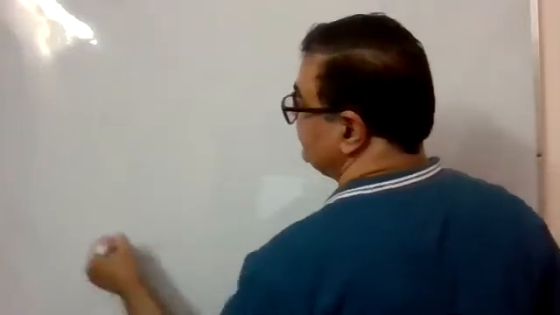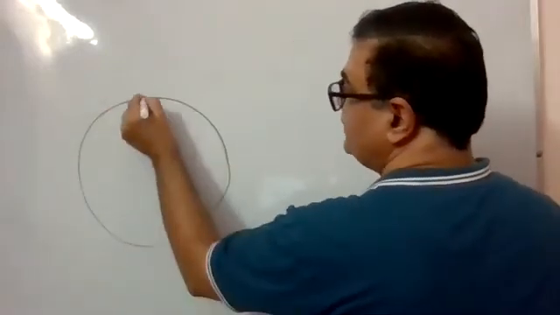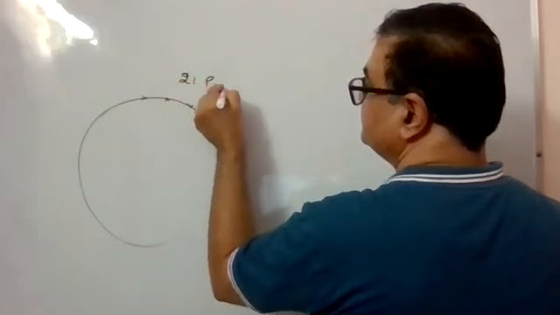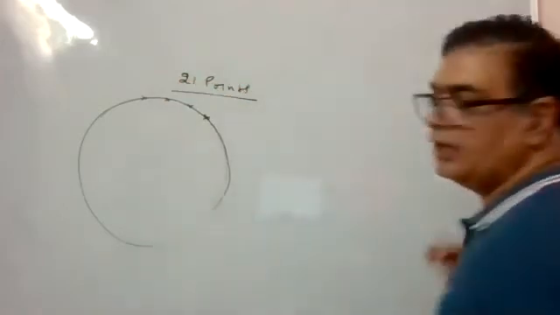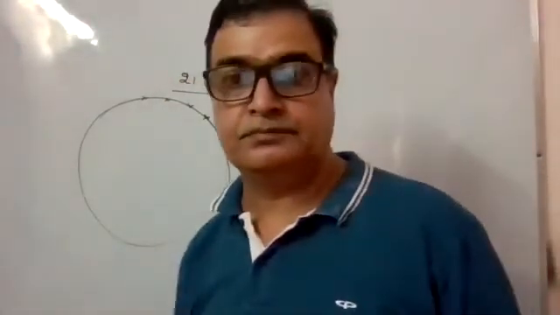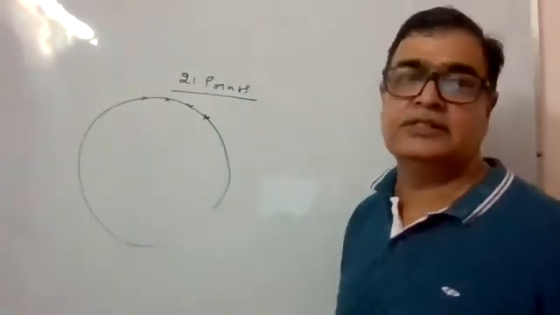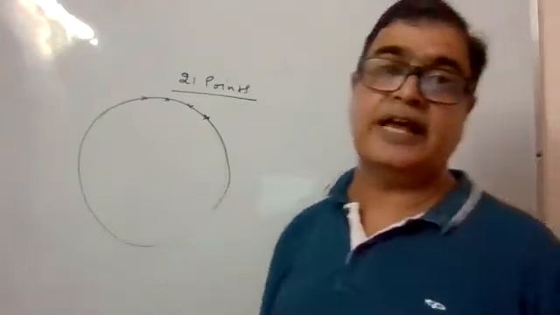How many? Is it 21C2? Yes, 21C2. What are chords? The question says there is a circle on which there are 21 points. Total points are 21. And now my question is, how many chords can be formed with it?